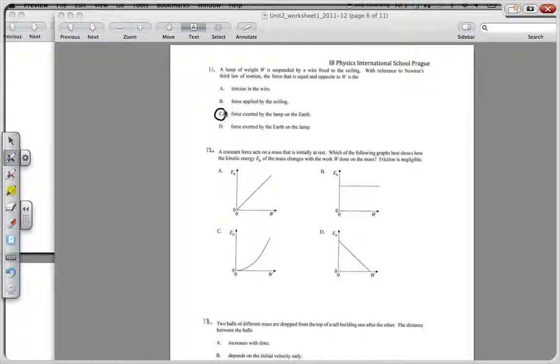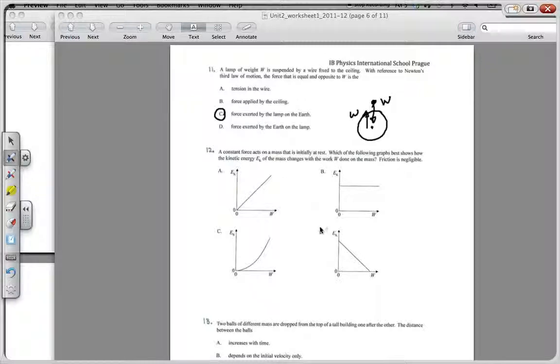The earth is attracting the lamp downwards with its weight, and then the lamp is attracting the earth in the other direction with that same force W. So you've got to make sure that you get those pairs correctly. So it would be C.